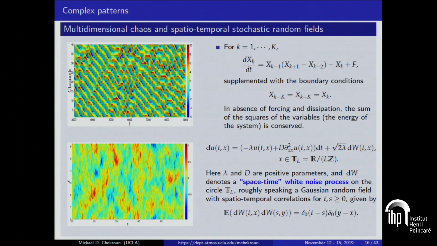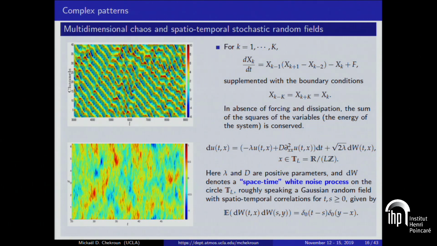Here I pick two different beasts. Nonlinear dynamics, here it's time, 40 channels, classical models, no need to go into that. Then a school example, the heat equation with space-time white noise. You need to put the right scaling in front of it, associated with the damping that is in here. And then you see patterns that are totally different, having nothing to do with each other.